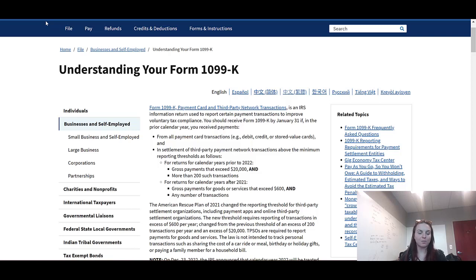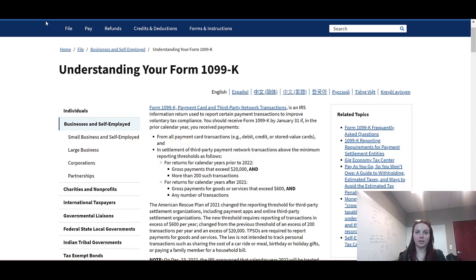Your business, the same way, may receive a 1099 INT if you have a savings account for your business. It's just the bank reporting to the IRS the amount of interest that they've paid you. If you have paid somebody interest as a business, you may be required to file Form 1099 INT.